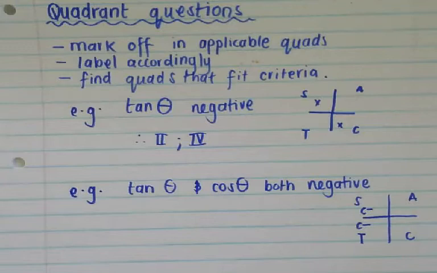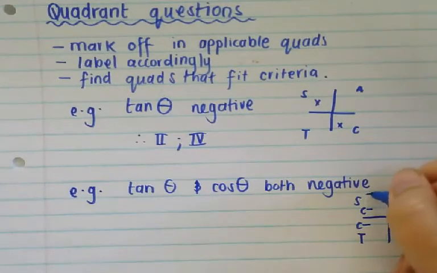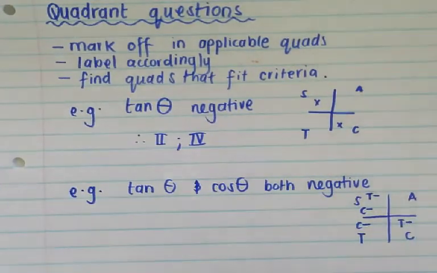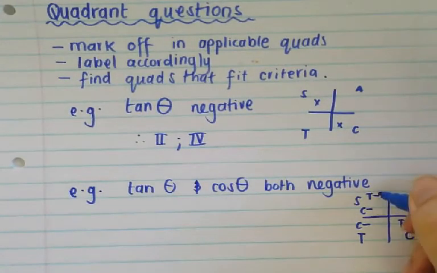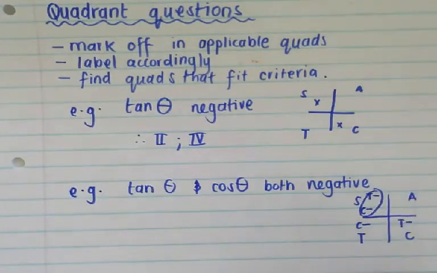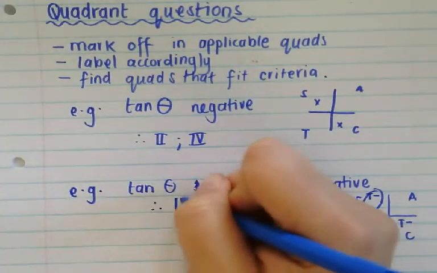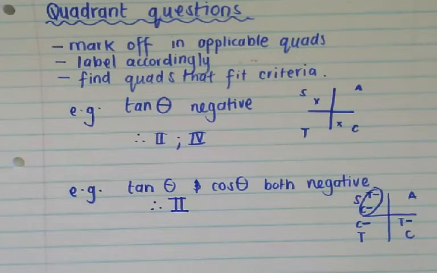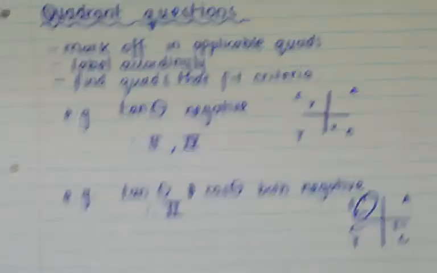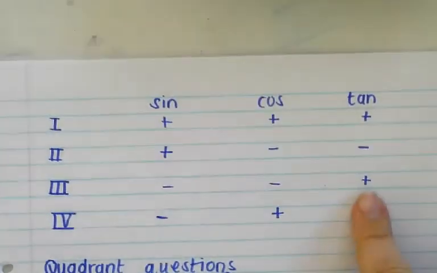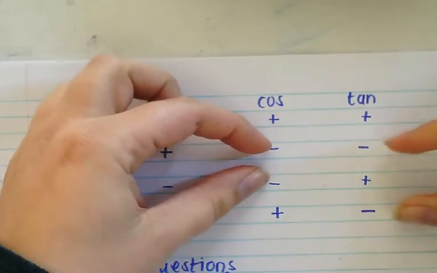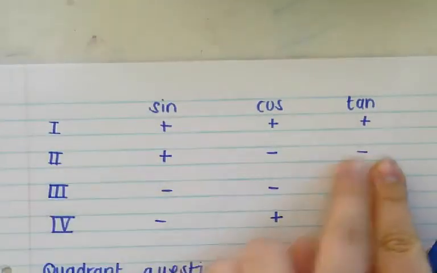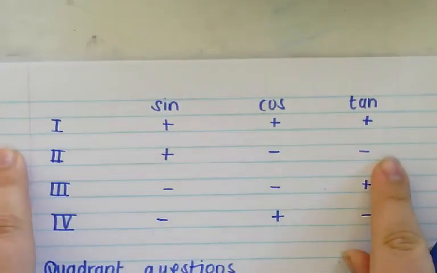And I want tan negative. Well, I know tan is negative there and there. So the only one that has both of them is in quadrant 2. If you had to look at your little summary table, we're looking for cos negative, those two, tan negative, those two. So quadrant 2 is the only one that fits both criteria.